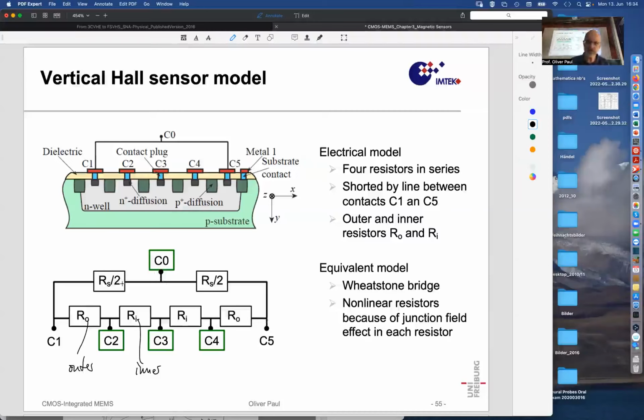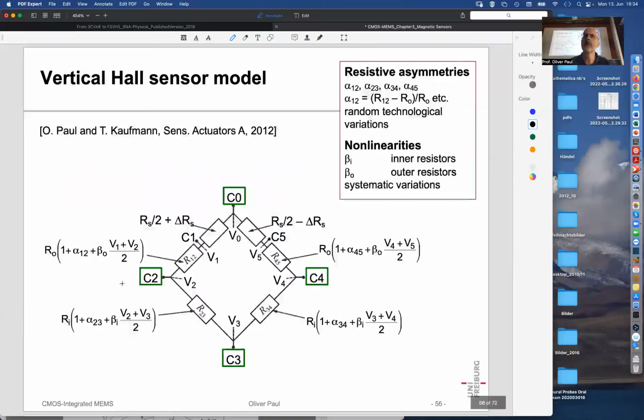And I said, okay, now that I have a schematic, I can twist it around and do whatever I want. So here's an equivalent arrangement of exactly the same information. You have these 4 contacts, C0, 2, 3, 4. You have all the resistors in between, and then some additional things.